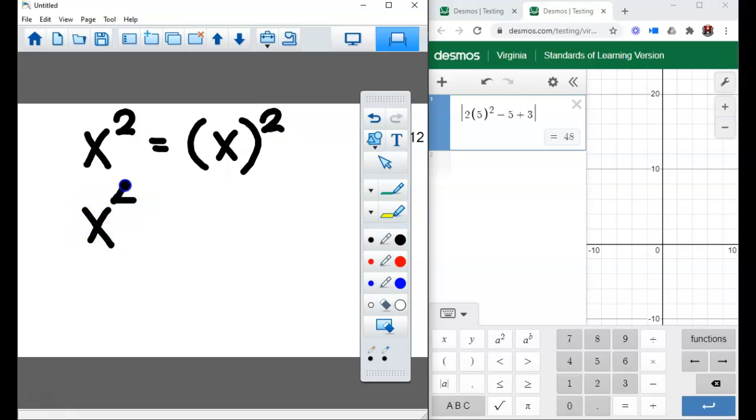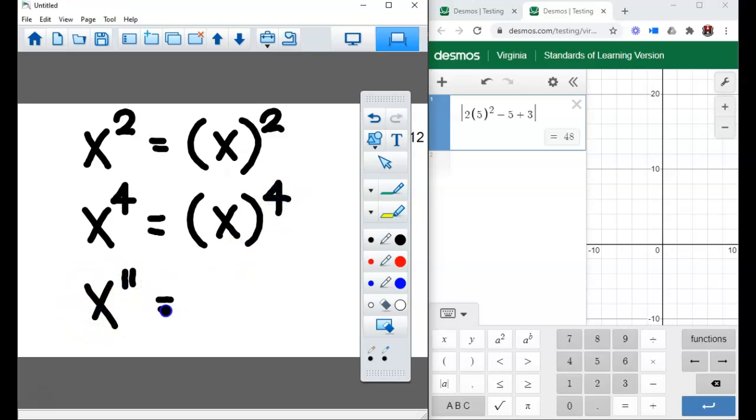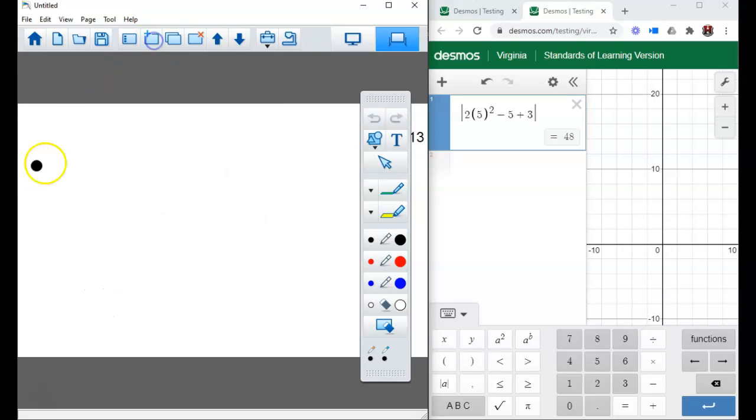So x squared, x to the 4th, x to the 11th, whatever that power happens to be. Any x's in your problem that are raised to a power are going to need parentheses around just the x.